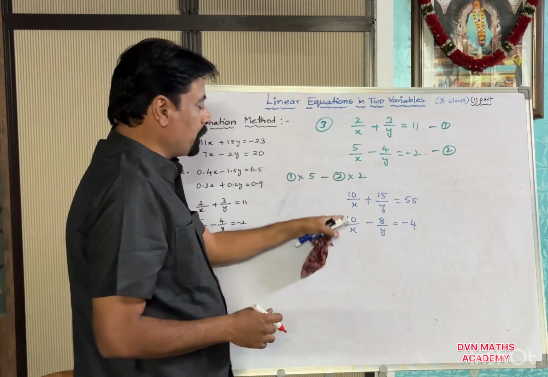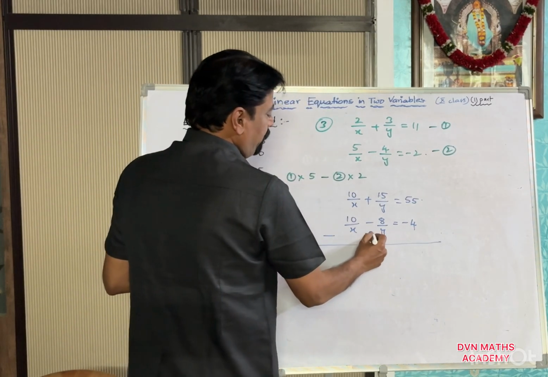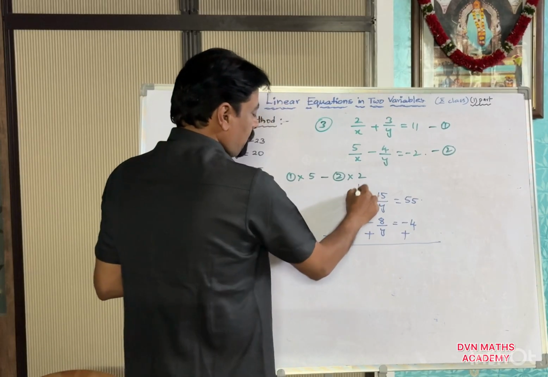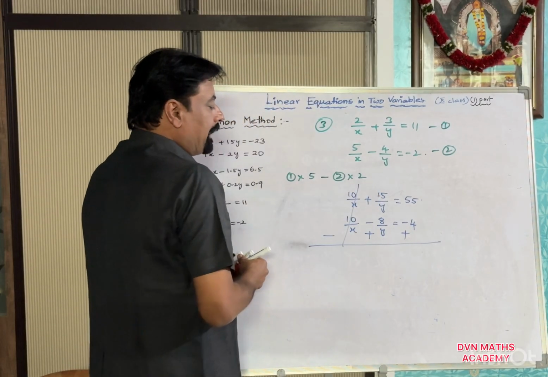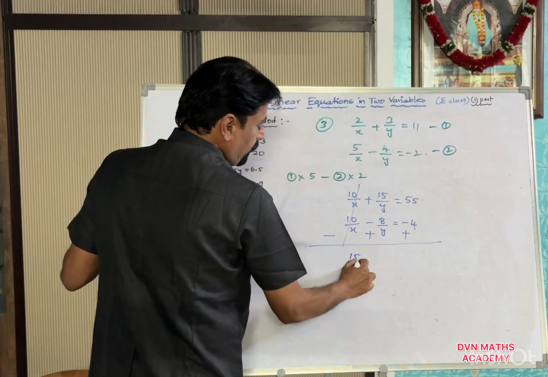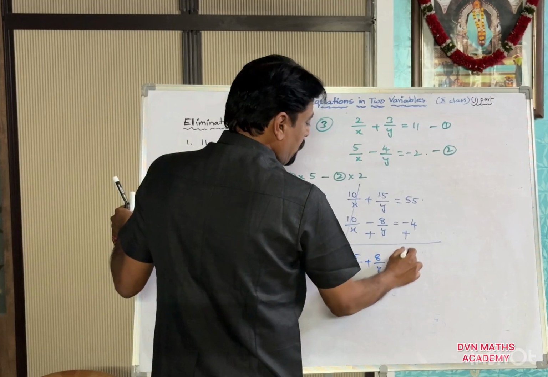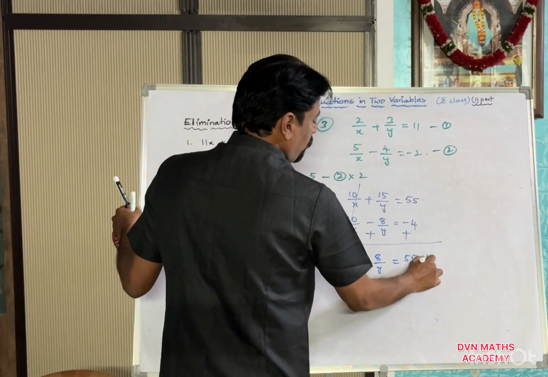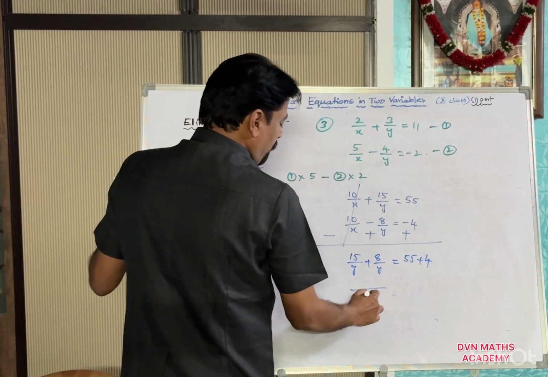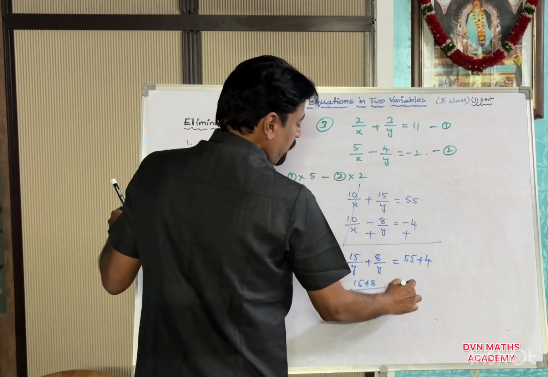If you see these two terms are equal, then if you go for the subtraction, this becomes minus, it will be plus, and this is also plus. So these two terms will be cancelled. Then what happened here? 15 by y plus 8 by y is equal to 55 plus 4. So here the denominators are equal. 15 plus 8 is equal to 23, and 55 plus 4 is 59.